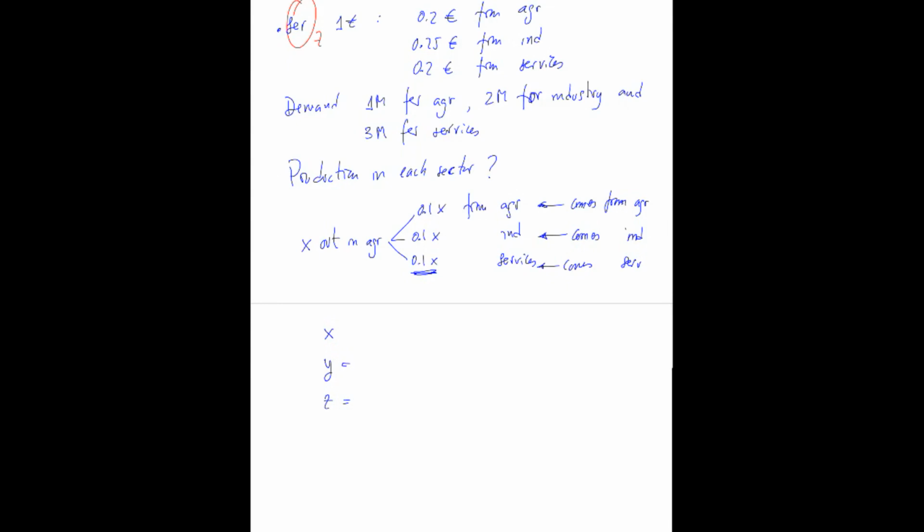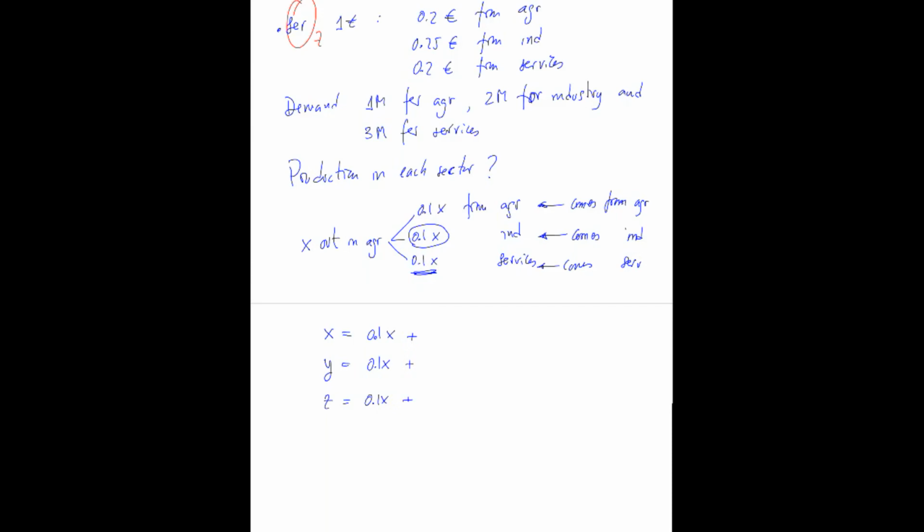And of the production in agriculture, 0.1 goes to agriculture. Then the production of industry will be 0.1x, which corresponds to this second one. And this is 0.1x.